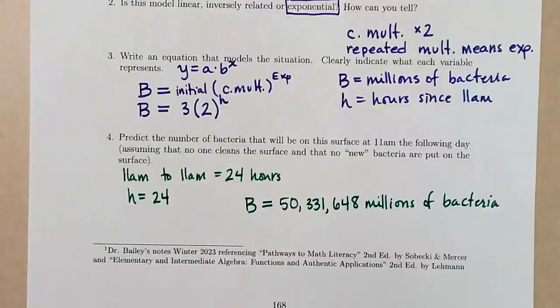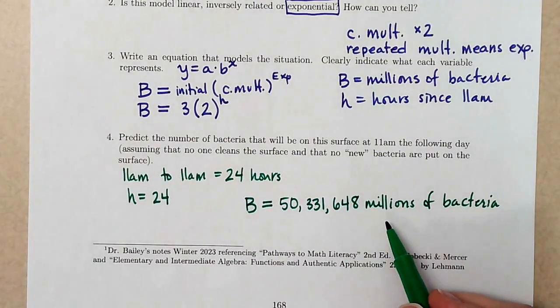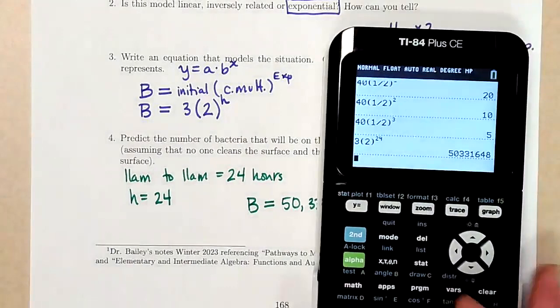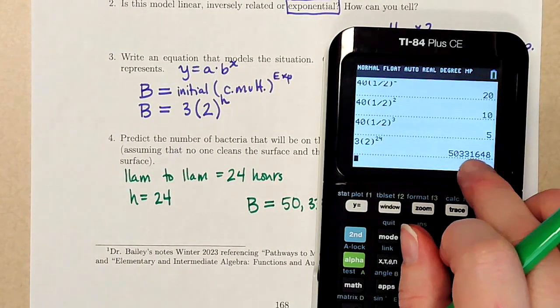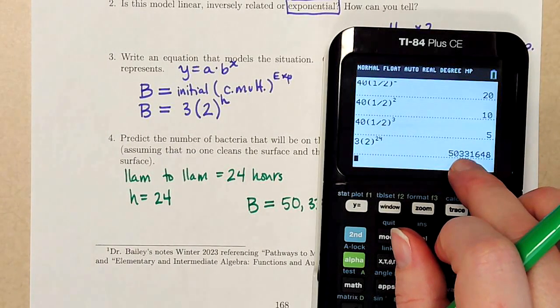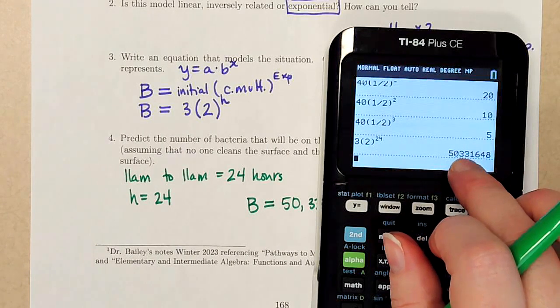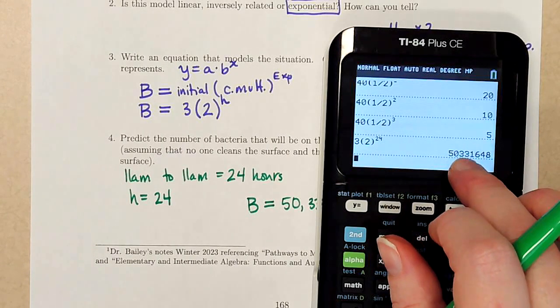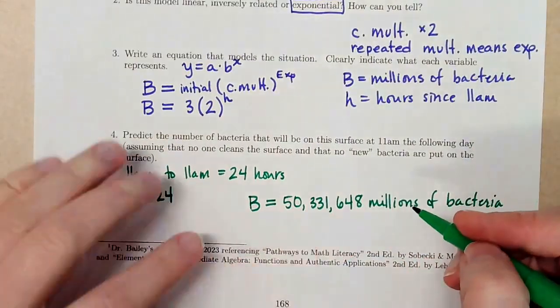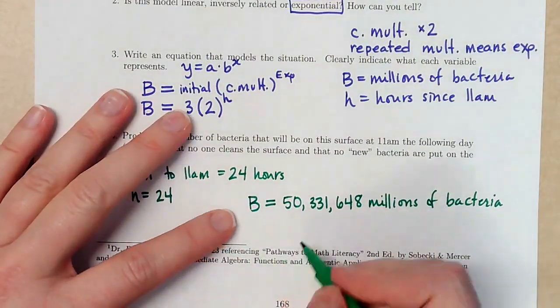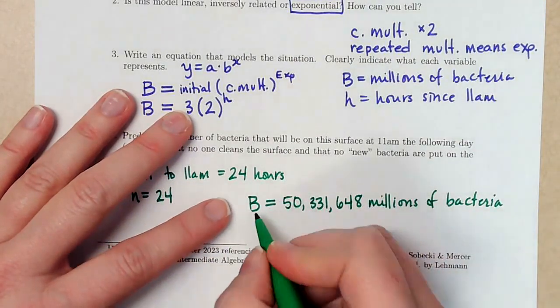Millions meant hundreds was 3 decimal places, thousands was 3 more, so that makes 6 decimal places in addition to this.